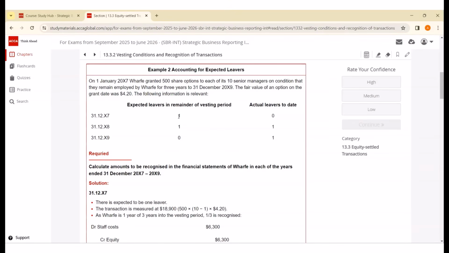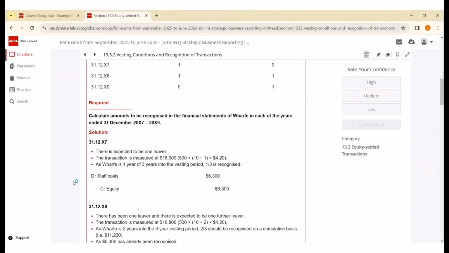Remember, this estimation is at the reporting date, which is 31st December 20X7. Now, actual leavers till 31st December 20X8 were one person, and till 31st December 20X9 also, it was just one person. Now we have to do the working accordingly.